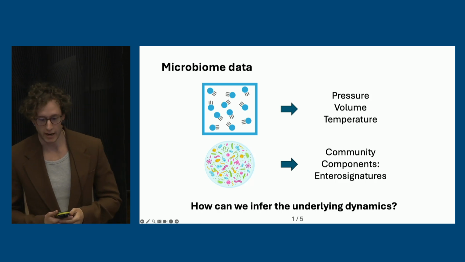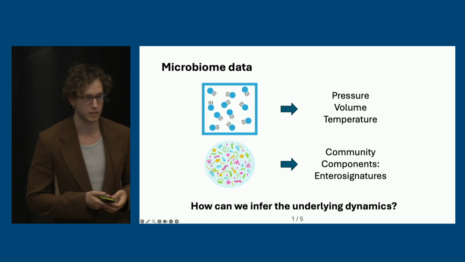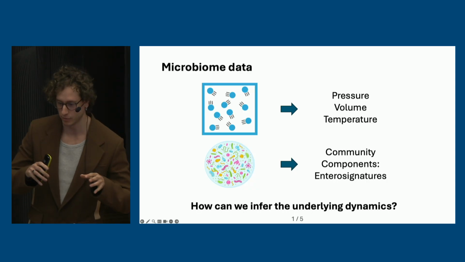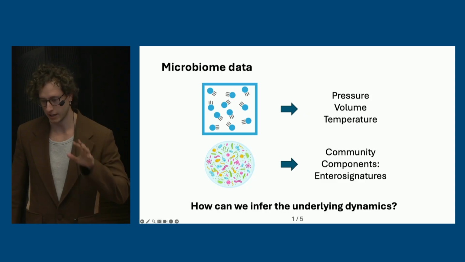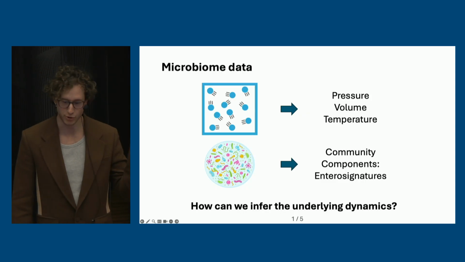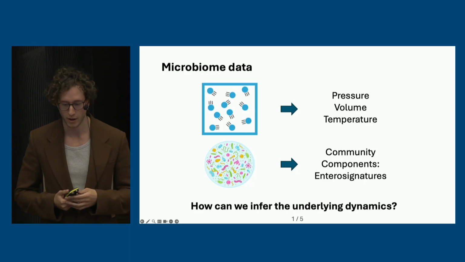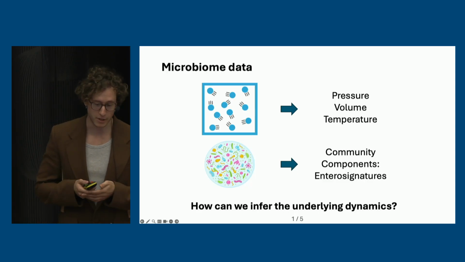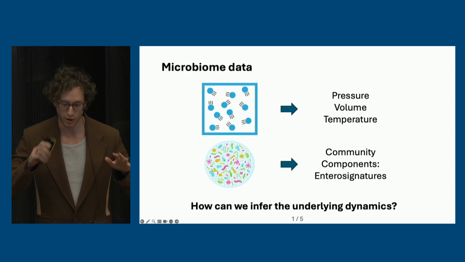I also want to say that, in the same way that when we study gases we have the ideal gas law, and we summarize all the different particles and their possible interactions by looking at macroscopic variables like pressure, volume, and temperature, we need to do the same thing with microbial communities. We have hundreds of species, maybe 200 to 300 in each person, and they're all interacting with each other.